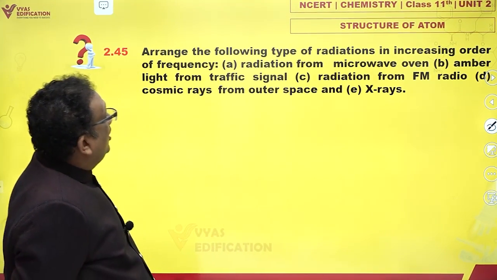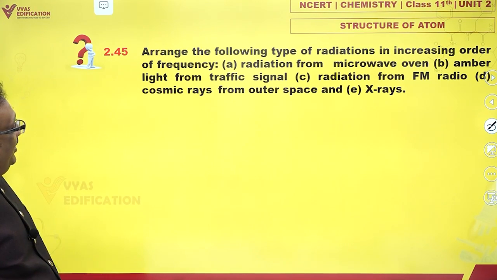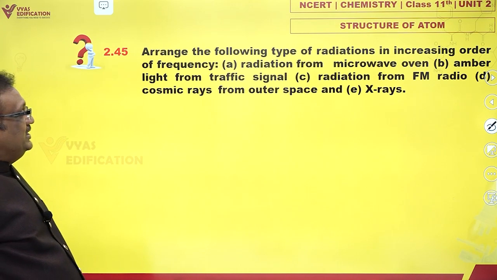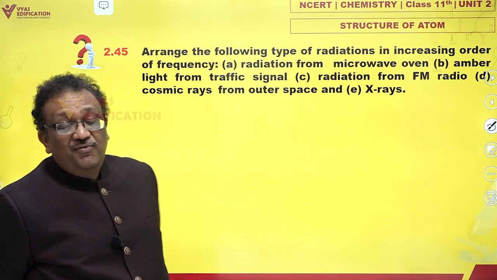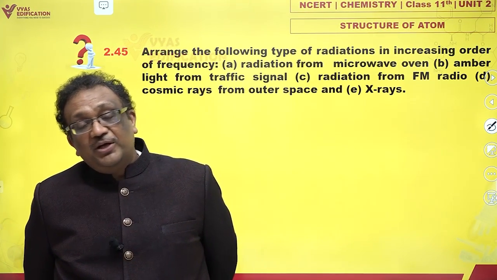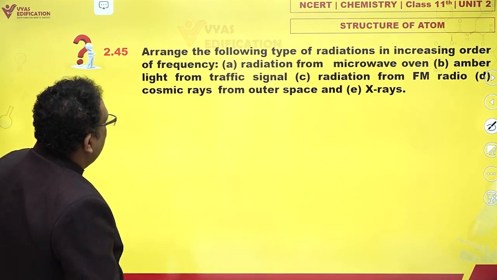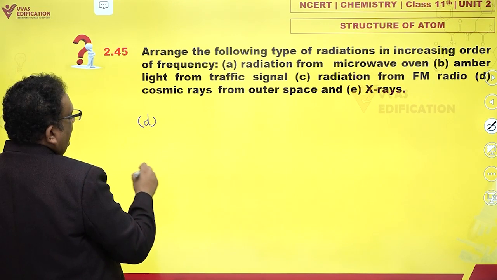C. Radiation from FM radio, D. cosmic rays from outer space, and E. X-rays. Cosmic rays are the ones which have minimum wavelength and maximum frequency. So yes, maximum frequency is cosmic rays, D.